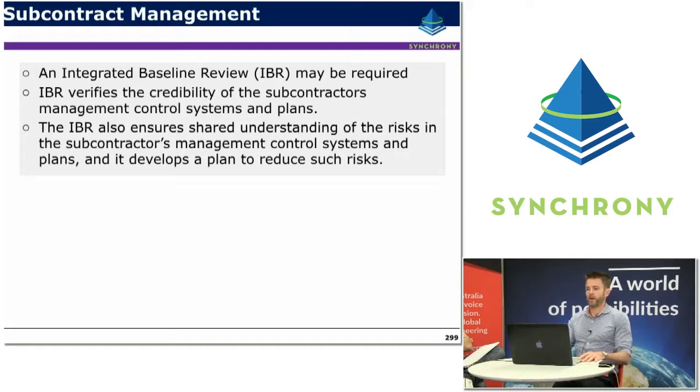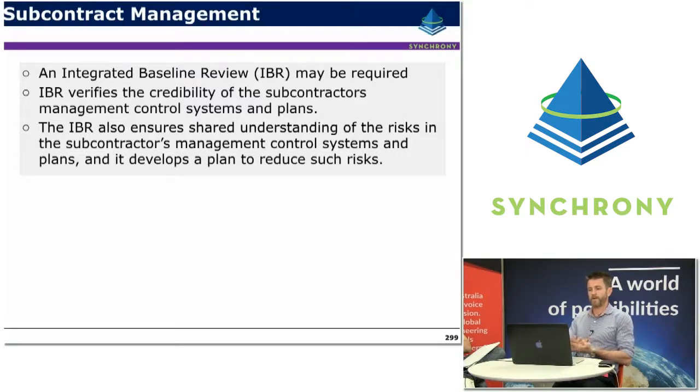An integrated baseline review may be required. So we spoke about an integrated baseline review earlier. I guess the standard type of IBR typically happens within 6 months or within a couple of periods of setting a new baseline.